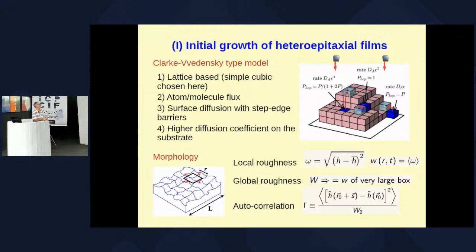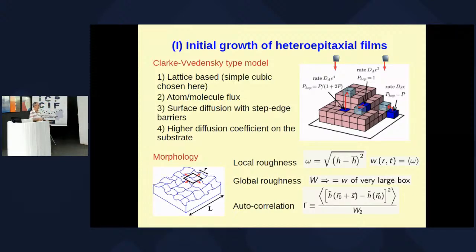The roughness is simply defined as the standard deviation of the thickness inside that window. The global roughness is equivalent to the local roughness in a very large box along the whole system. It is also the standard deviation of the thickness, and the autocorrelation function measures the correlation of heights in different points, the fluctuations relative to the average in different points.